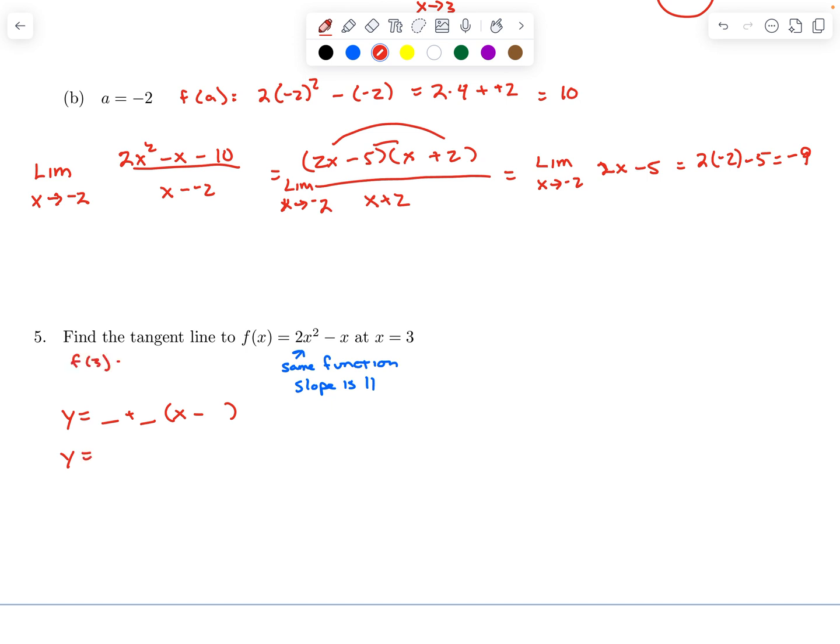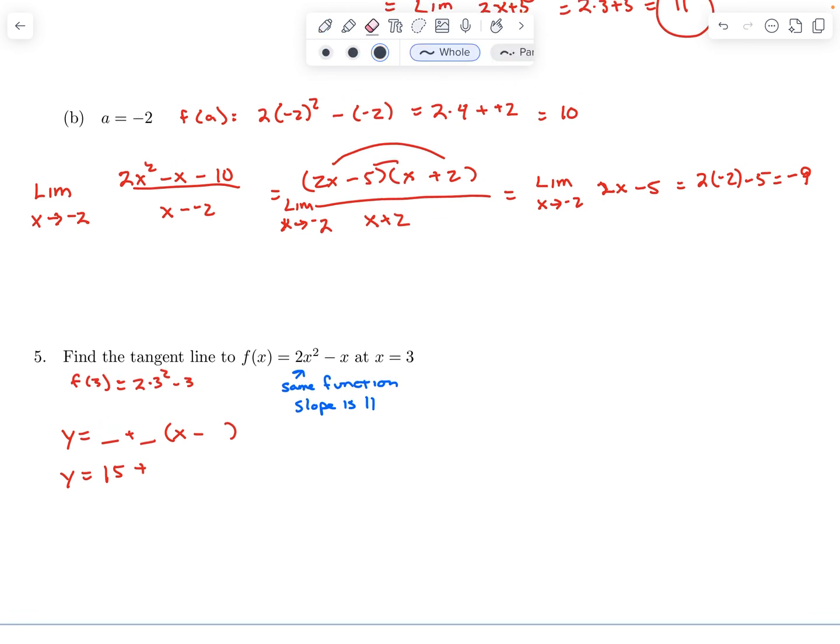That was 15. Okay, actually, what I'll do is I'll write down the formula here. Okay, so the slope was 11. Okay, point slope form.